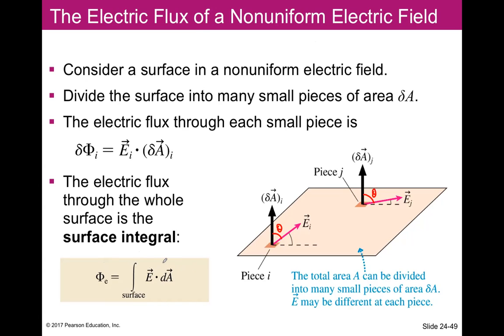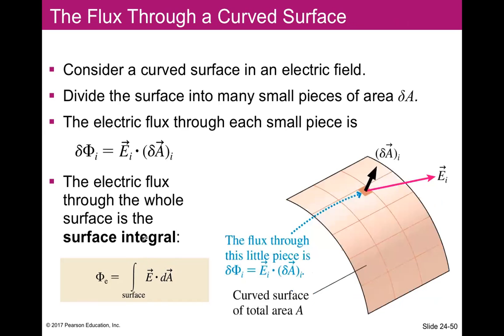We have defined the direction of those vectors, and we also defined the meaning of dot product. And then we do an integral for the whole surface. And then you can calculate the electric flux through any surface.